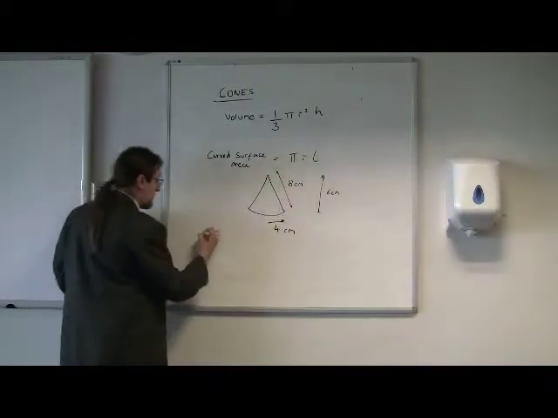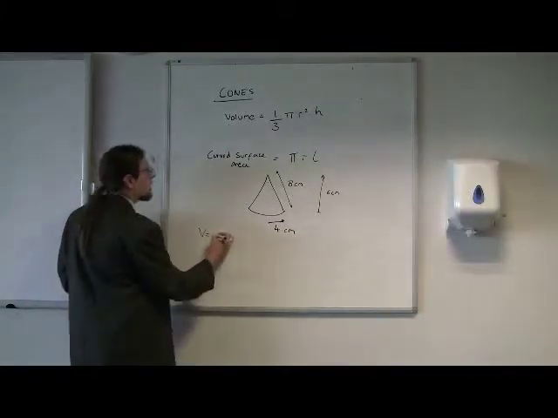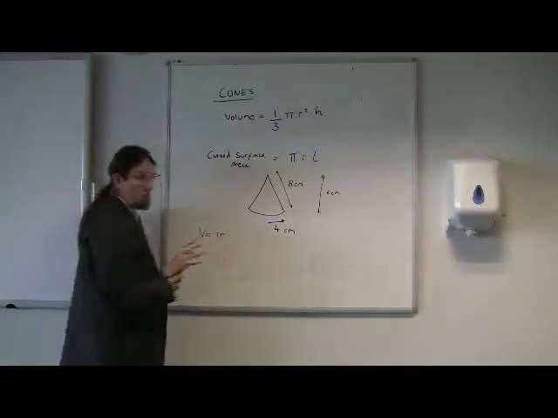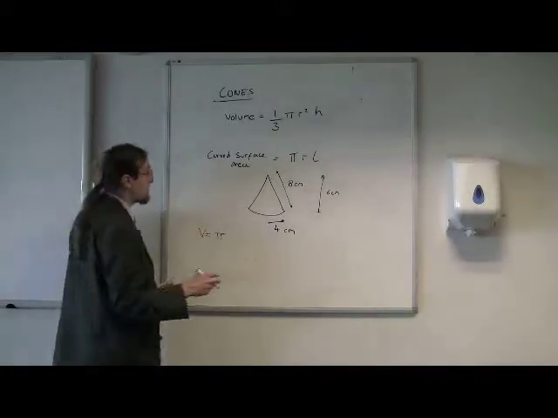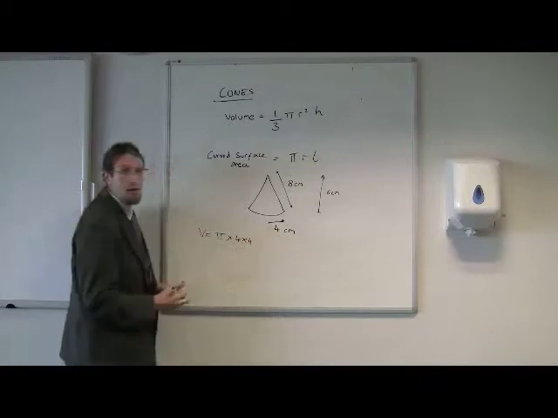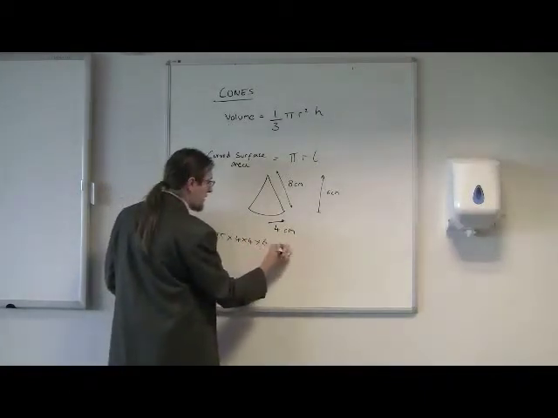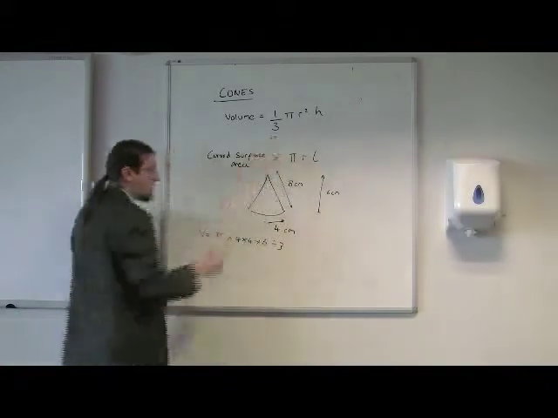So the volume, it becomes pi. You can use 3.14, that's fine. R squared, so that's 4 times 4, times h, times 6, and divide by 3 for that third.